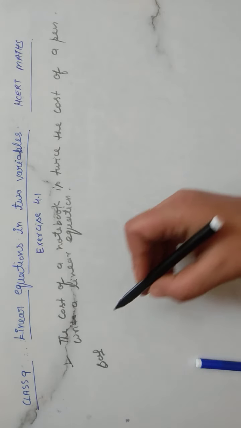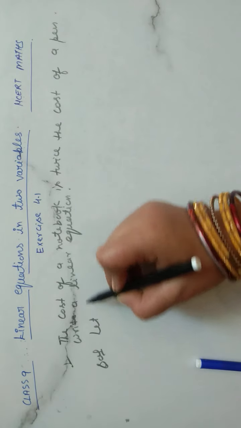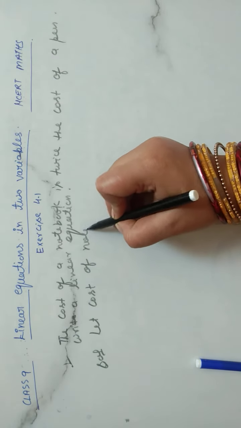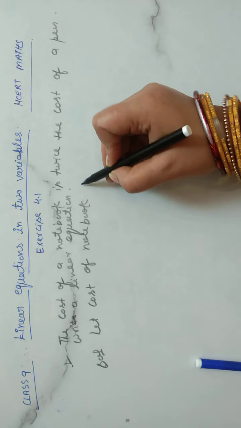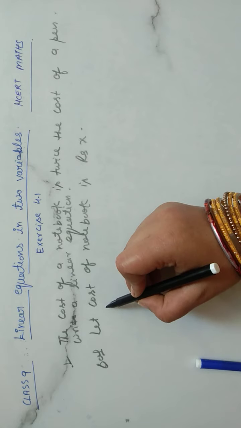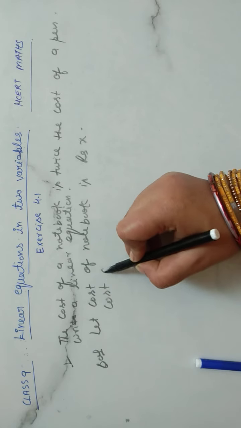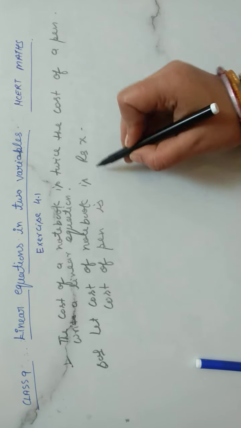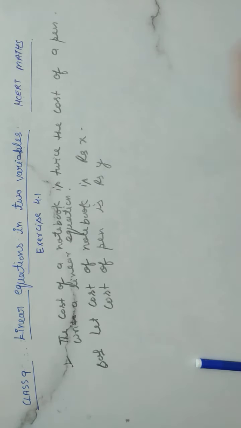So we assume that the cost of a notebook is rupees X, and the cost of a pen, because it is a linear equation in two variables, so for both we will assume different variables, so it is Y.